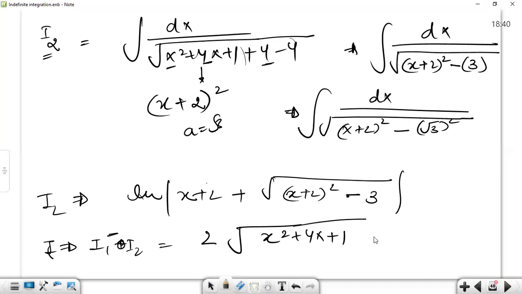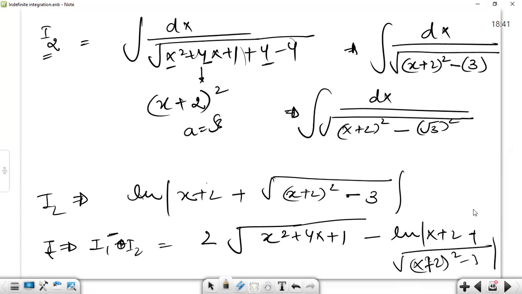There must be a negative sign here also. Logarithm of x plus 2, plus square root of x plus 2 whole square minus 3, modulus, plus c, constant of integration. So this is the answer. I could not write it in the same line because of space. Yeah, so this is the answer. This is how we solve it. So is this clear? Yes, sir.